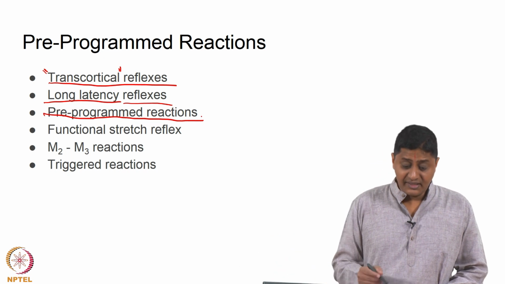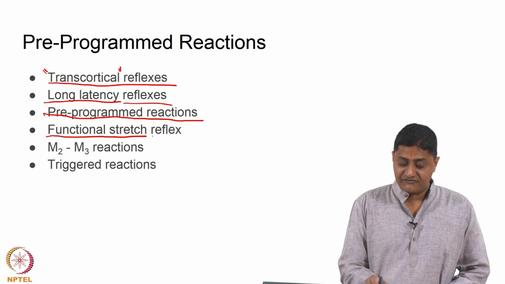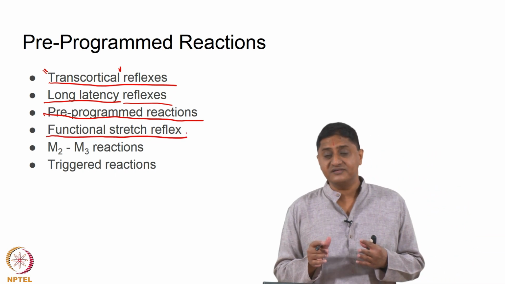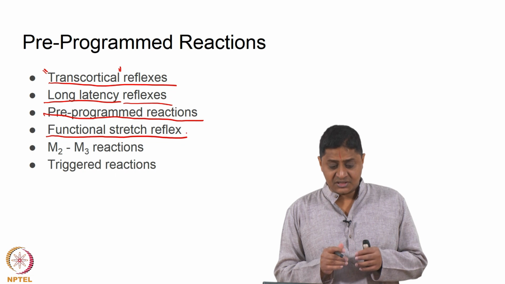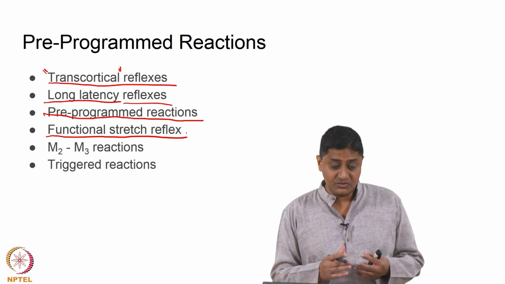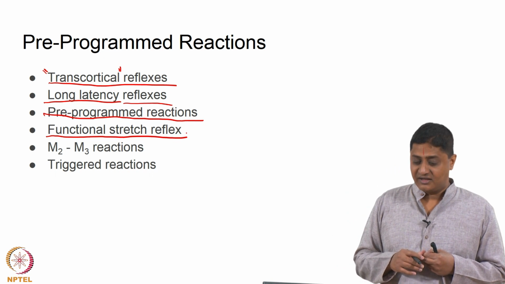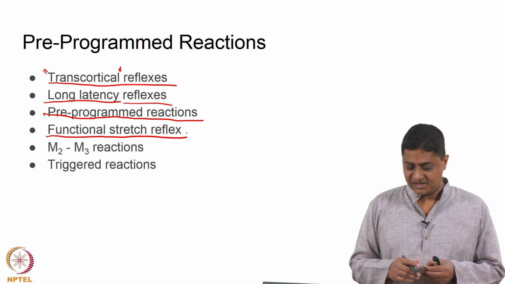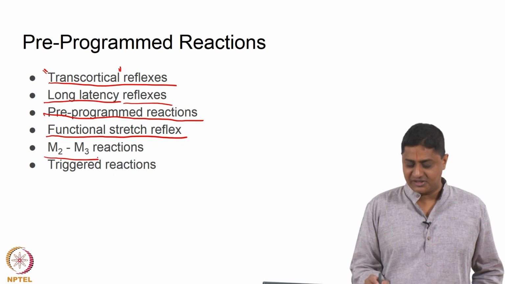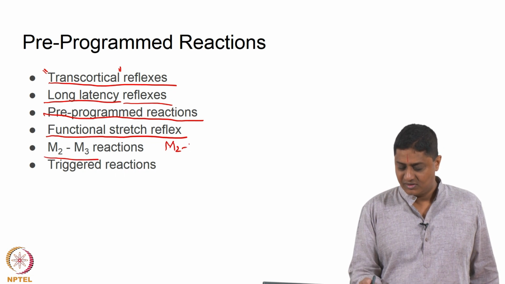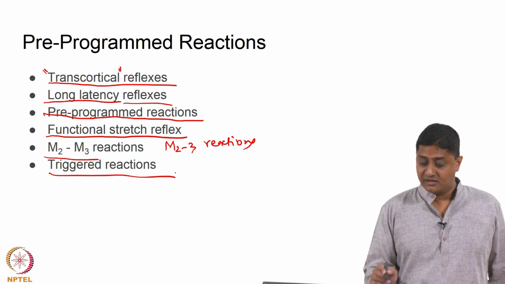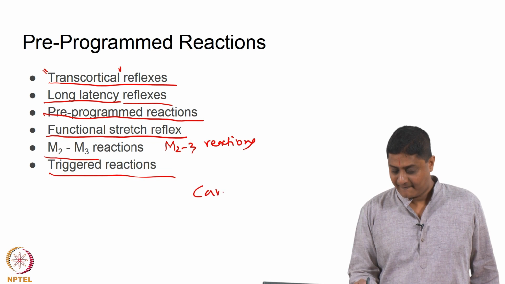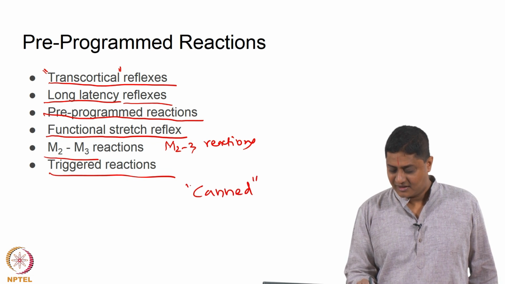in future slides. Another name is functional stretch reflex. It is an interesting name because it turns out that the response is dependent not just on context, but also on instruction. So, there is a functional relevance for this reflex. Because of that reason, it is also called functional stretch reflex. They are called M2 M3 reactions, or in some books and papers M2-3 reactions, or triggered reactions, or people like me call this canned reactions.